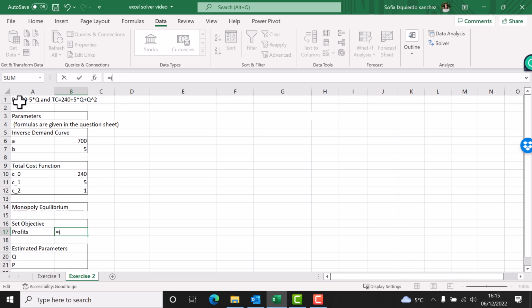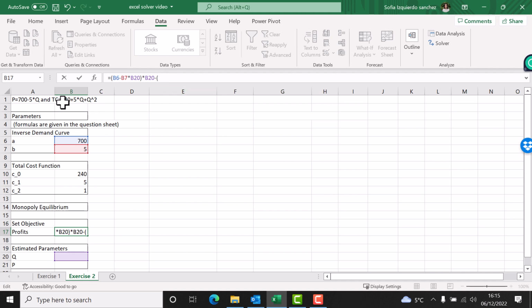So the total revenue is the price, which is going to be the inverse demand curve, 700 minus 5 times the quantity, which is one of the parameters that we want to estimate, times the quantity, and then minus the cost.